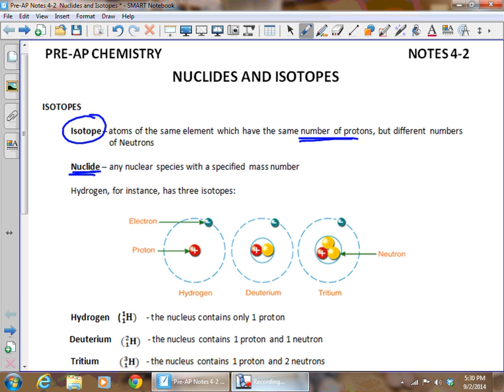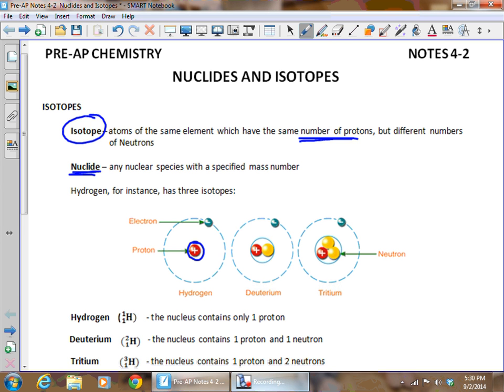So what are some examples of that? Well, hydrogen is one of the prime examples. Hydrogen has 3 isotopes: hydrogen, deuterium, and tritium. By far 99.9% of all hydrogen is the one that has 1 proton in the nucleus, and that's all it's got. Along with its 1 electron, that gives us our normal hydrogen atom, the simplest atom in existence.